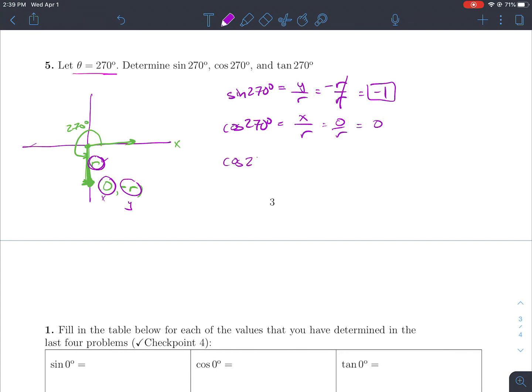And then tangent of 270 degrees is equal to y over x, which is anything divided by 0, we learned in unit 6, I think, is undefined. So we have that.